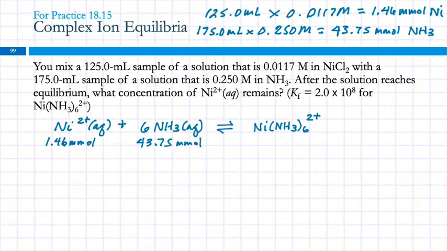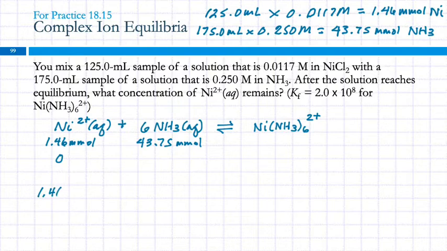Now, if we try to do an ICE table here, x is going to be so close to the nickel that it's not going to work. Because this formation constant is so large, we need to react it completely and then see how the equilibrium comes back. If I have 1.46 millimoles of this, and I need 6 millimoles of ammonia for each, I've got plenty of ammonia, right? So all of the nickel is going to get used up. How much of the ammonia am I going to use?